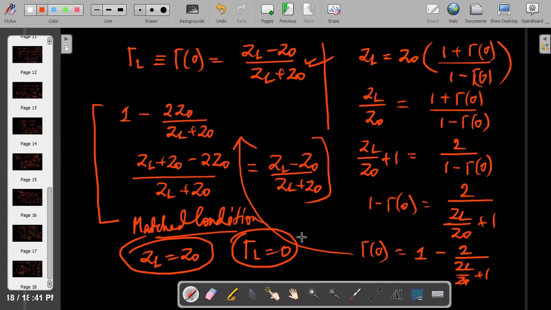There will be no reflection of power on the transmission line. So this is called matched condition. When load impedance and characteristic impedance are the same, then we can say there will be no reflection. Whatever is transmitted, it is traveling to the load.